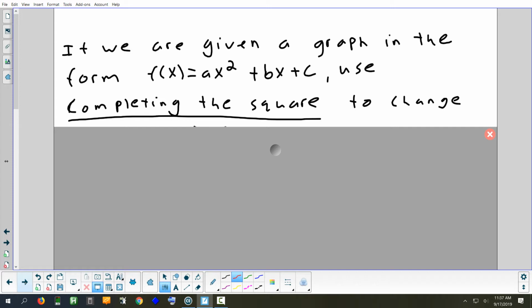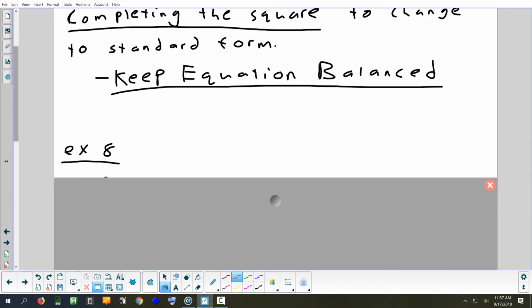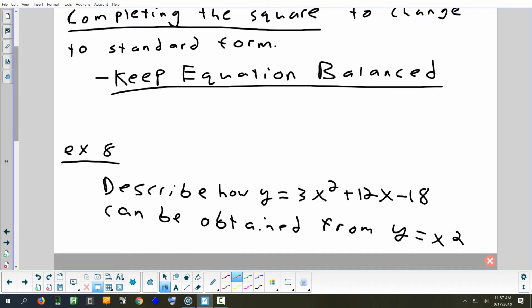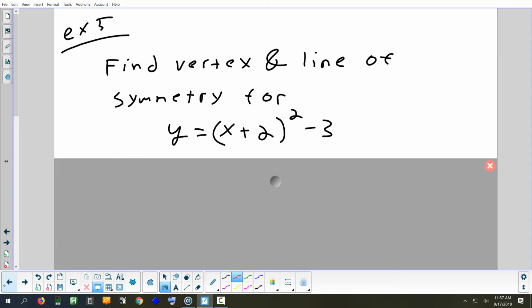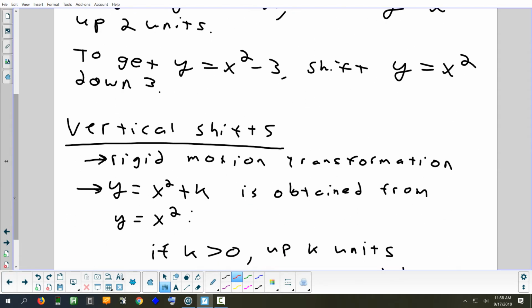I'm going to mention that. Because if you had a problem like this, 3x squared plus 12x minus 18, this one is very clear. A, B, C. You can tell which one is which. Because that equation is not written like one of these. And I'm going to talk more about that. All right. So, it's a good question.